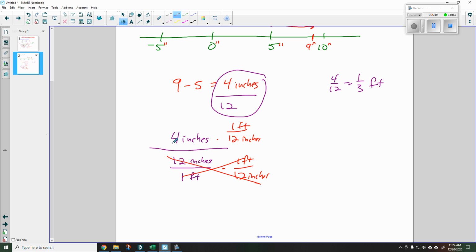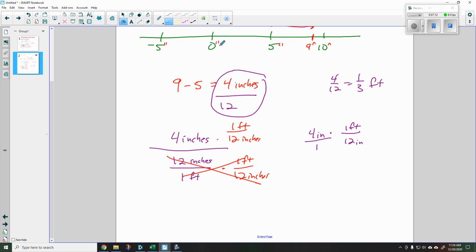Now let's just take a look at our 4 inches. I'm going to even rewrite it here. I want to take a look at our 4 inches times 1 foot over 12 inches. And I'm going to make this 4 inches over 1, because we know we can divide anything by 1 and it's the same.